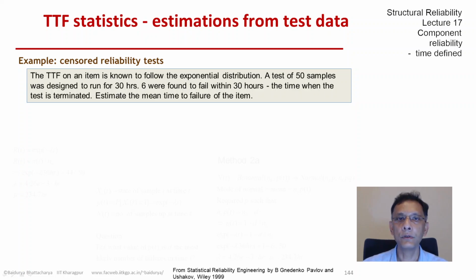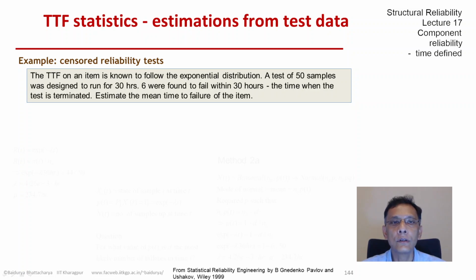For the remaining examples of this lecture, we are going to look at a couple of examples on censored tests. And these examples are taken from the book by Gnedenko, Pavlov, and Ushakov.